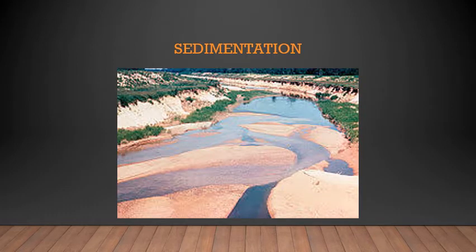So because of those polluted sediments or polluted sand, it is creating problems for the aquatic ecosystem. That means aquatic ecosystem means the animals and the plants that live in the water. Okay, so they're creating problems for them also.